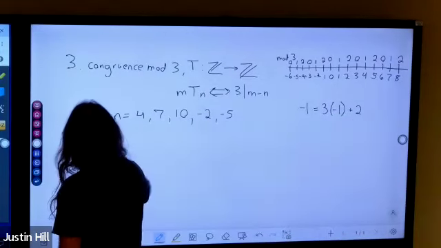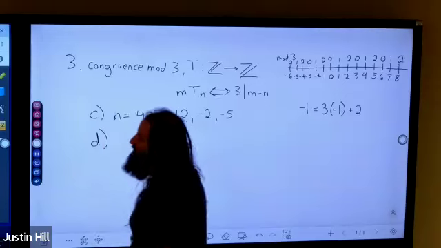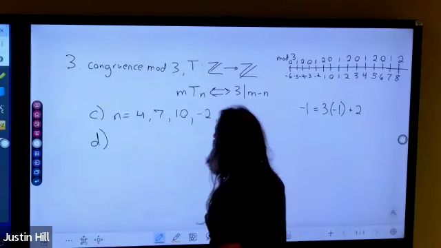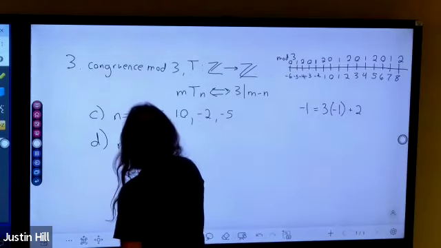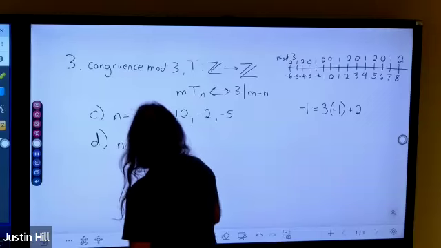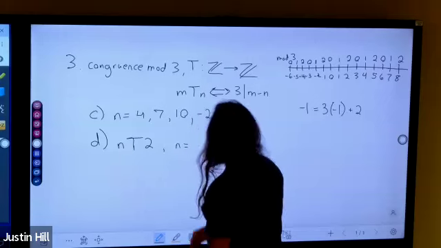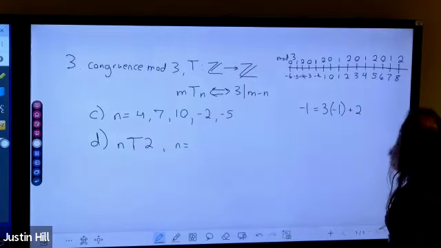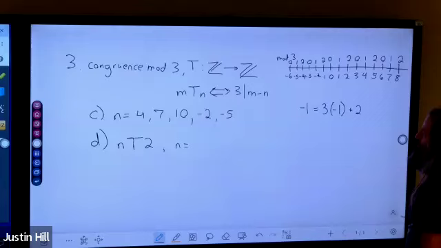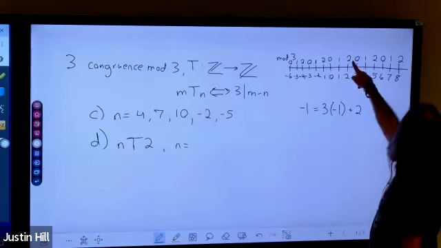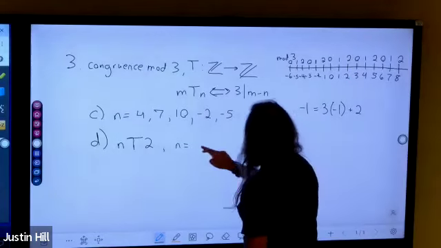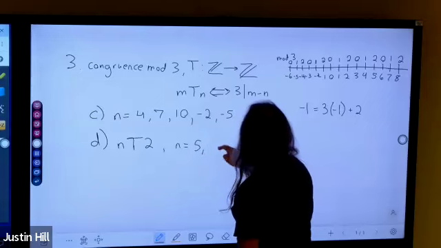And then the same for D. So D, they wanted you to list 5 integers n such that n mod 3 is the same as 2 mod 3. And again, there's a bunch of them. But 2 mod 3 has a remainder of 2. So some others that I could use here is 5.